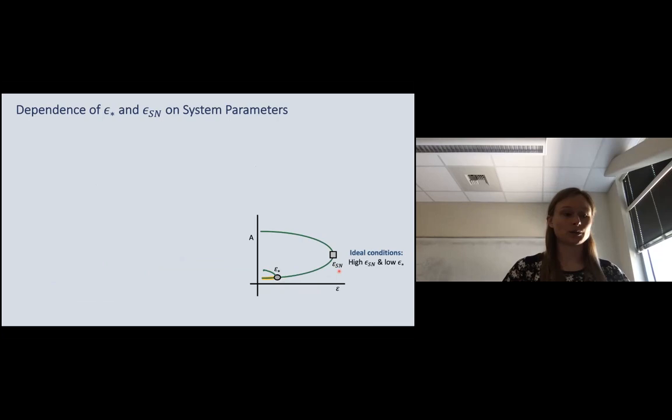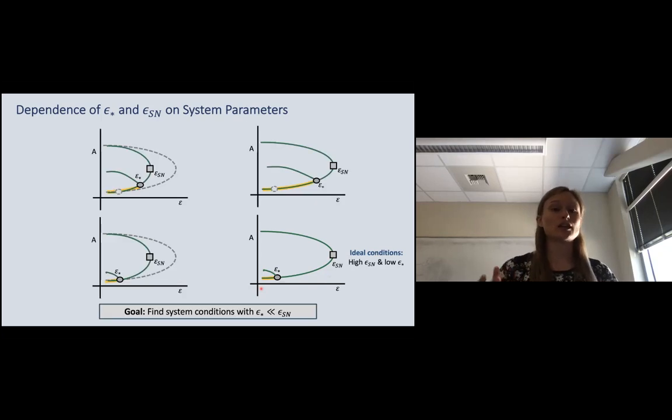And so we're going to track the location of both of them, because really the ideal conditions that we would want in order to remove these reflections, we would want there to be a high saddle node bifurcation point, because we need these traveling pulses to exist in cardiac tissue because they really organize the contraction of the heart. But we would ideally like there to be a really low epsilon star.